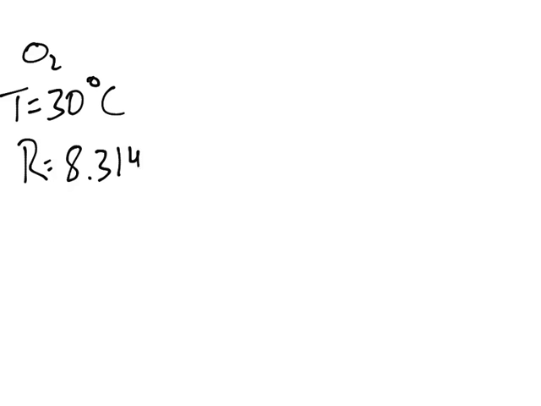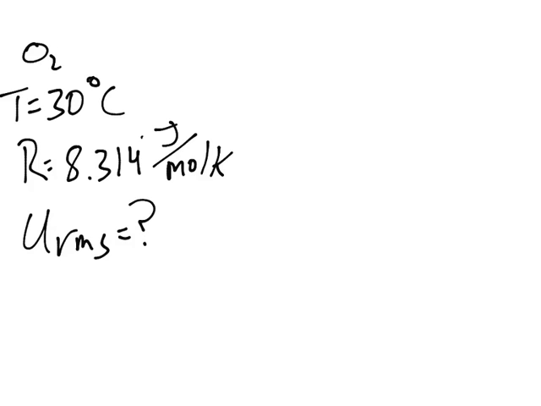So we have oxygen gas and the temperature of 30 degrees Celsius, and we have our constant here. It's 8.314 joules per mole Kelvin. And they're asking for the U RMS. Now let's write our formula.